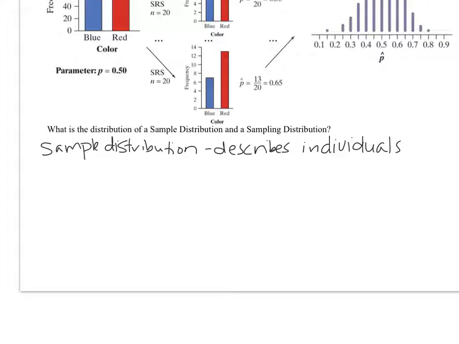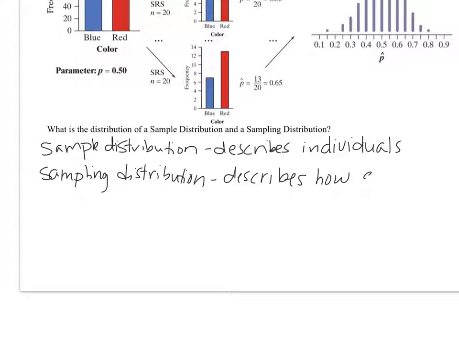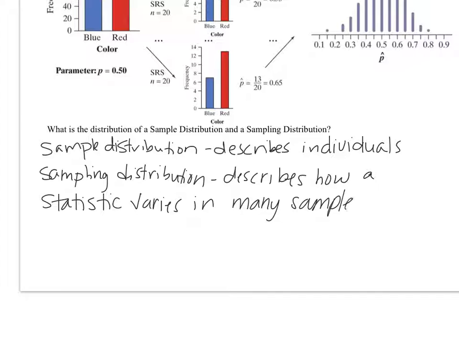Each individual is representative of a dot on the dot plot, whereas a sampling distribution describes how a statistic varies in many samples from the population.